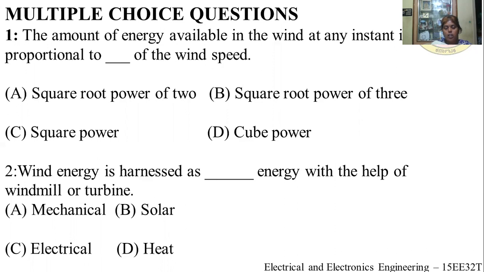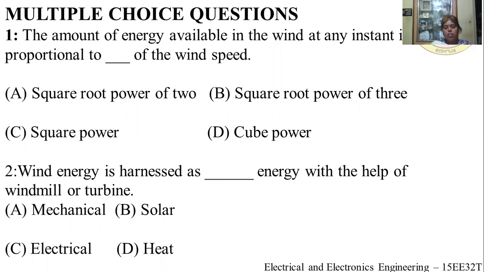The choices are A square root power of 2, B square root power of 3, C square power, D cube power. The amount of energy available in the wind at any instant is proportional to the cube power of the wind speed. The answer is D, cube power.